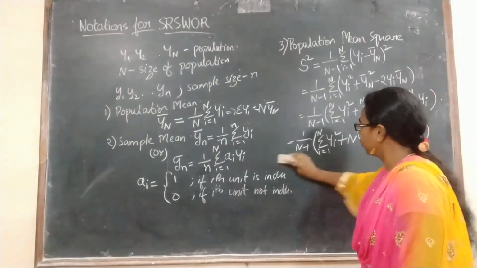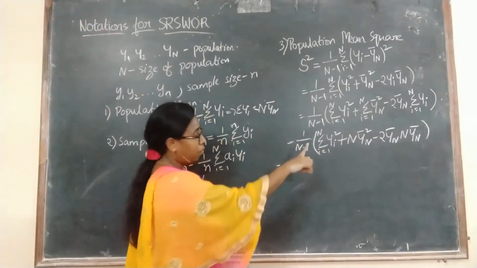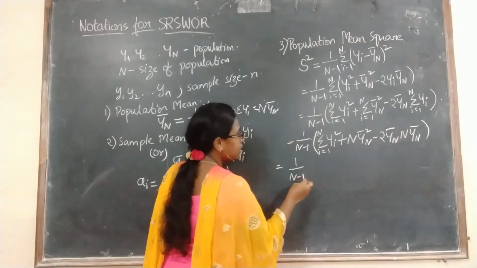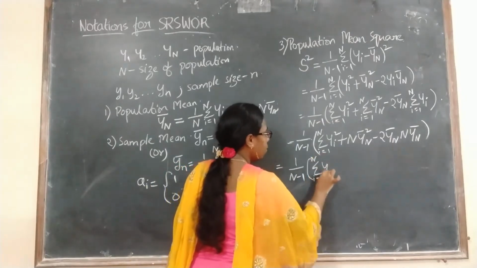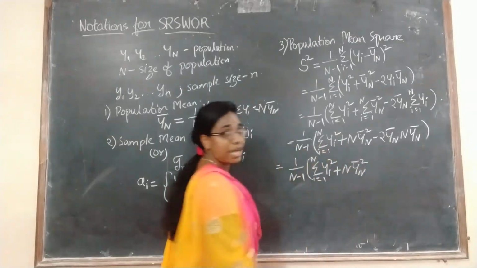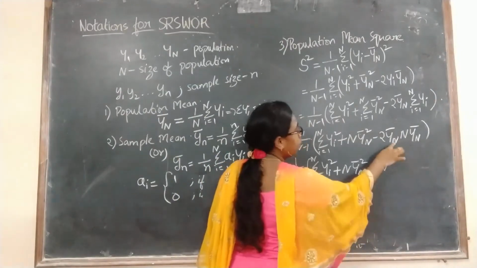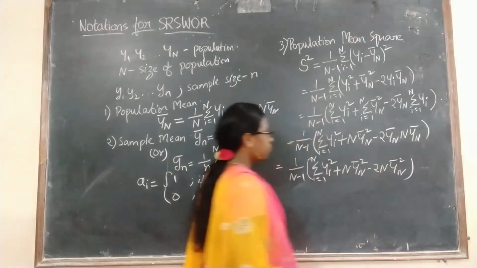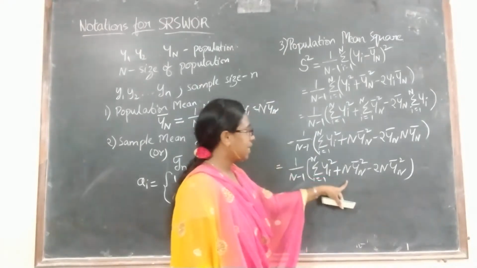Now multiply 1 by N minus 1 inside, or you can keep it like that only. Summation i equals 1 to N yi square as it is, plus N into y N bar square as it is, and minus 2N into y N bar square. If you observe these two terms, it is 2N into y N bar square and N into y N bar square.